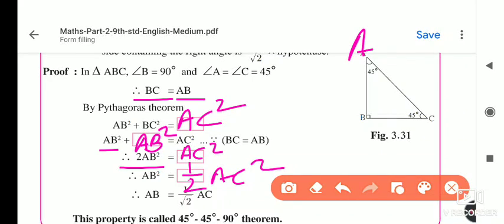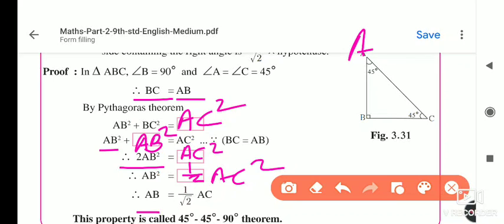And after taking the square root of both sides of the equation, what do we get? The square root of AB square is AB, the square root of 1 is 1, the square root of 2 is root 2, and the square root of AC square is AC.